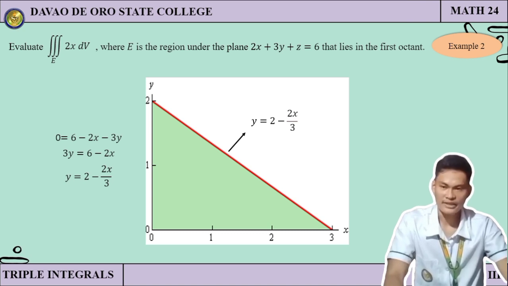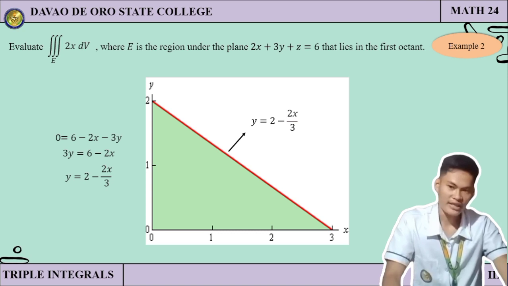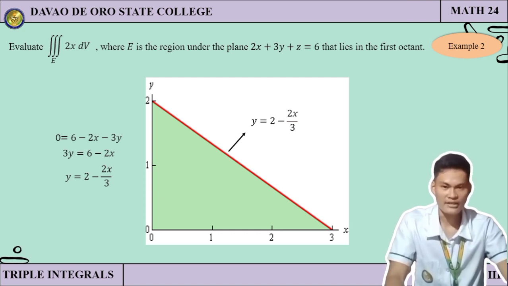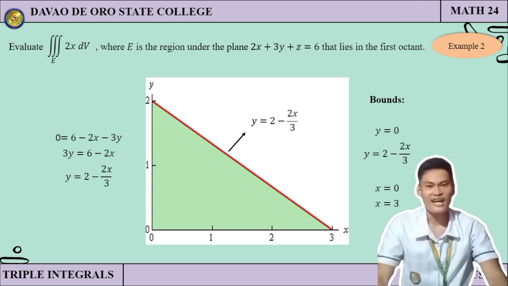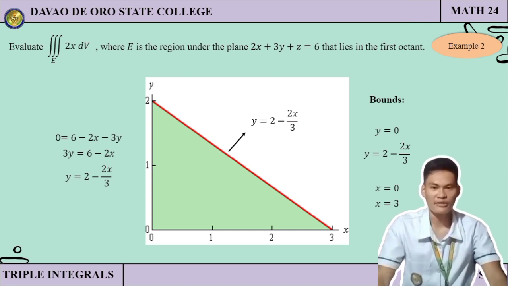So we have 3y that is equal to 6 minus 2x, and finally, y equals 2 minus 2x over 3. That will be our plane in the base of the solid. So by sketching that region, we can see the bounds of y and x. For y, the lower bound will be 0 and the upper bound will be 2 minus 2x over 3.